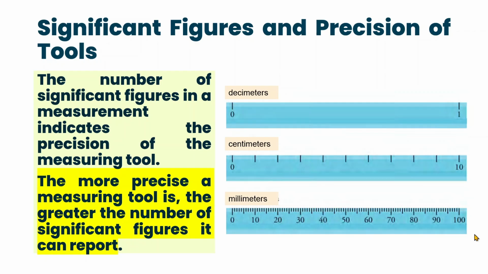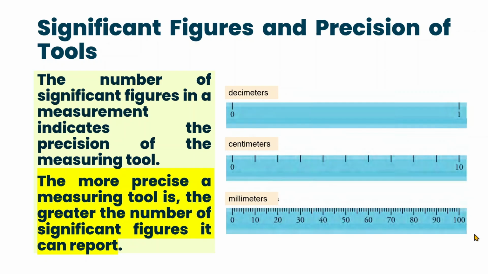If we compare the three rulers, the most precise is the last ruler because it has greater numbers of significant figures compared to the decimeter ruler at top. You can just guess if the thing that you are measuring falls between 0 and 1. So the measurement is just an estimate.